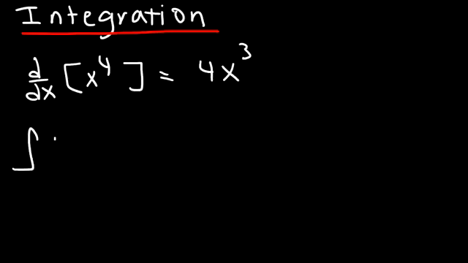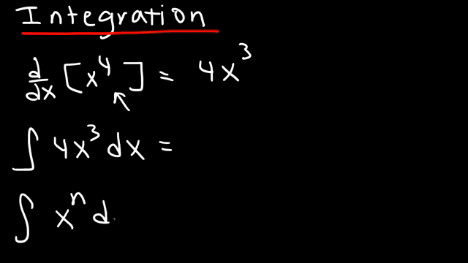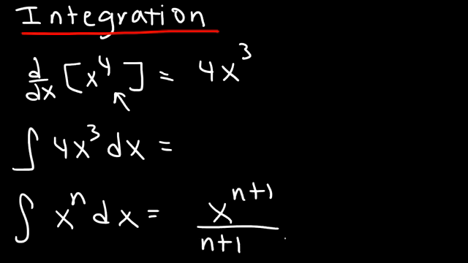Well, the integral of 4x cubed should give us x to the fourth. And here's the formula for finding the antiderivative or the integral. So you're going to add 1 to n and then divide by that result. And you're going to add some constant of integration. The derivative of any constant is 0. So when you integrate, you always have to add a constant to your expression.